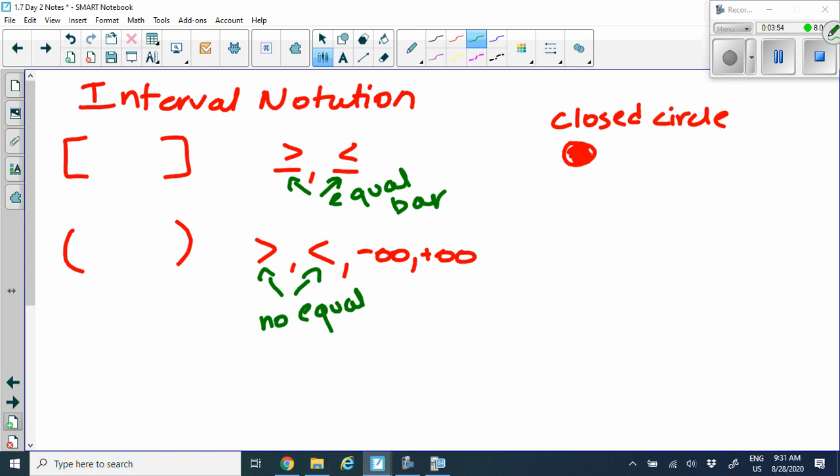Now, if we don't have an equal bar on our inequalities, we're going to use parentheses when we do interval notation, and we're going to have an open circle on the number line.